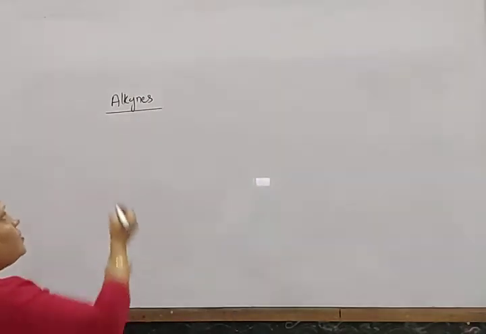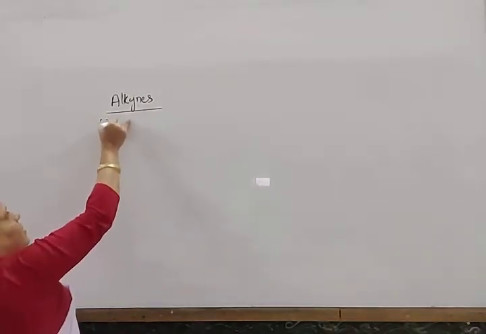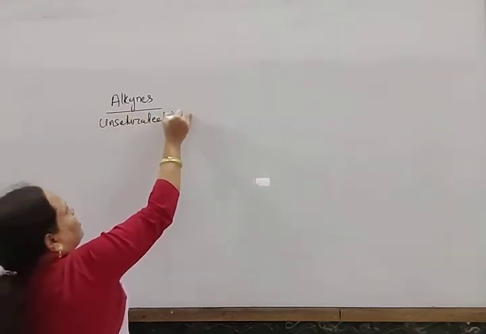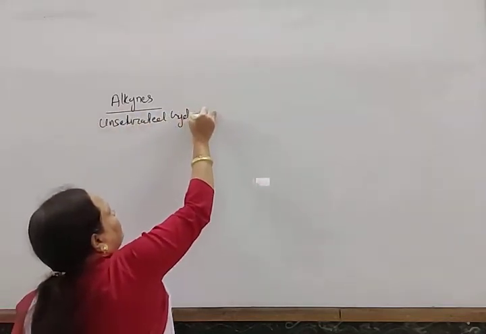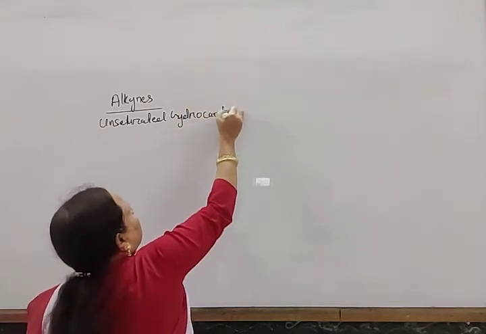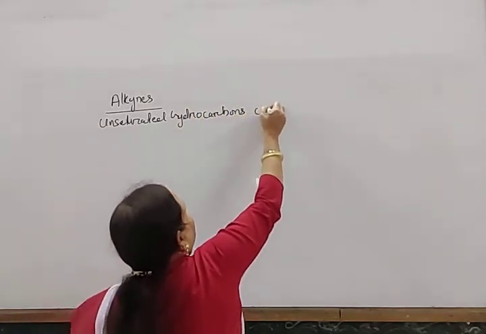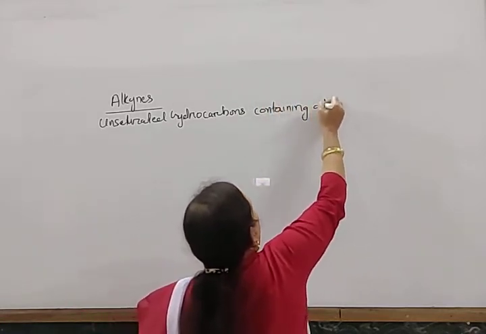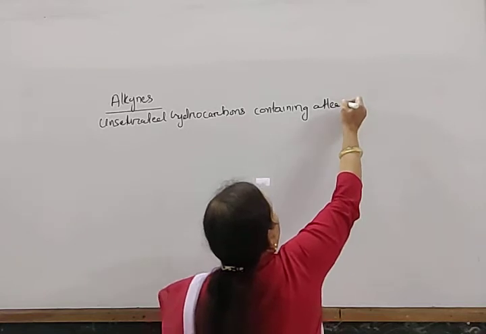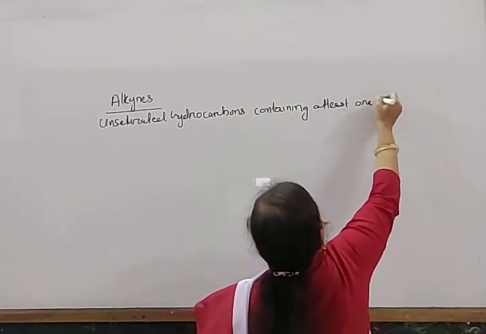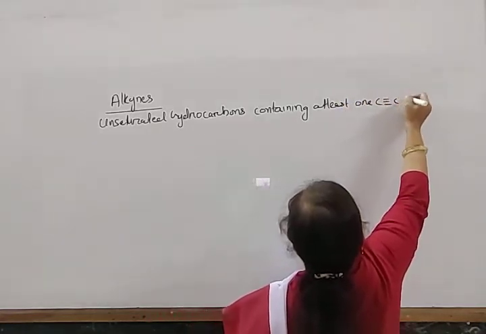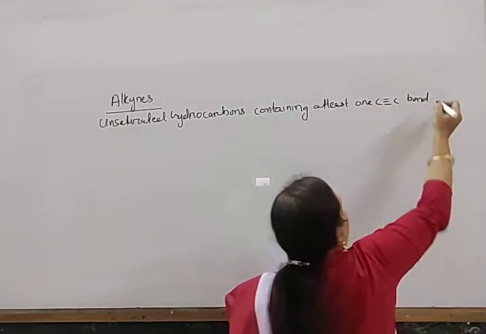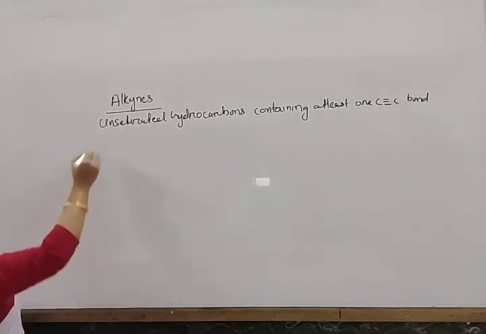So these are the unsaturated hydrocarbons containing at least one carbon-carbon triple bond. Okay, so these are alkynes.